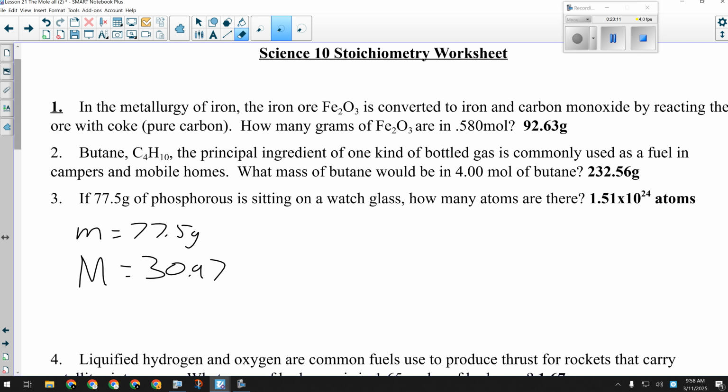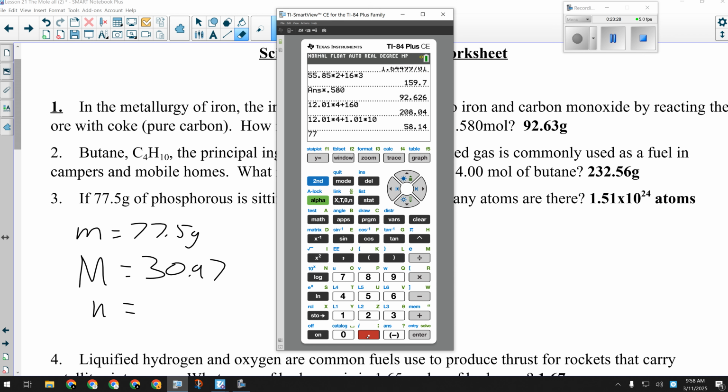Can I get the number of moles? What do I do with the number of moles once I have it? Multiply it by Avogadro's number, right? So n will be the 77.5, little m divided by big M, 30.97. There's my number of moles.